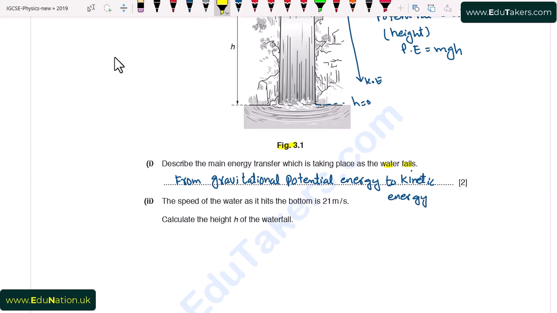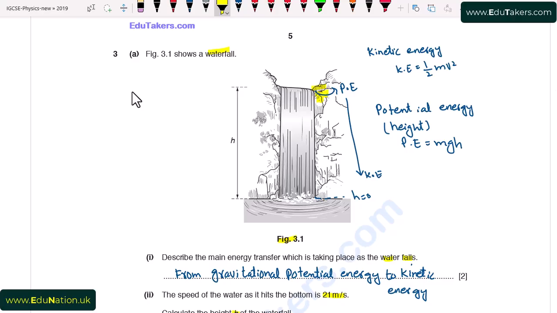Part 2. The speed of the water as it hits the bottom is 21 meters per second. Calculate the height h of the waterfall. Going back to the figure, at the top all of the energy is potential energy, and when the water falls, the potential energy decreases while the water gains kinetic energy.